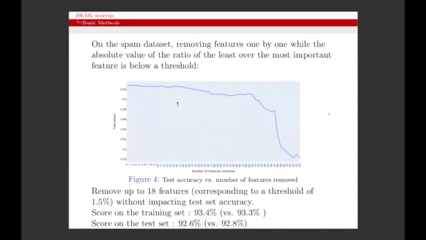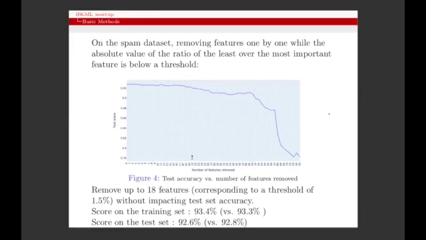So on the spam dataset, we remove features one by one, while the absolute value of the ratio of the least over the most important feature is below a threshold. This is the stopping condition. It works well. We see that we can remove up to 18 features without impacting test accuracy too much. So this is already slightly better than just looking at correlation.